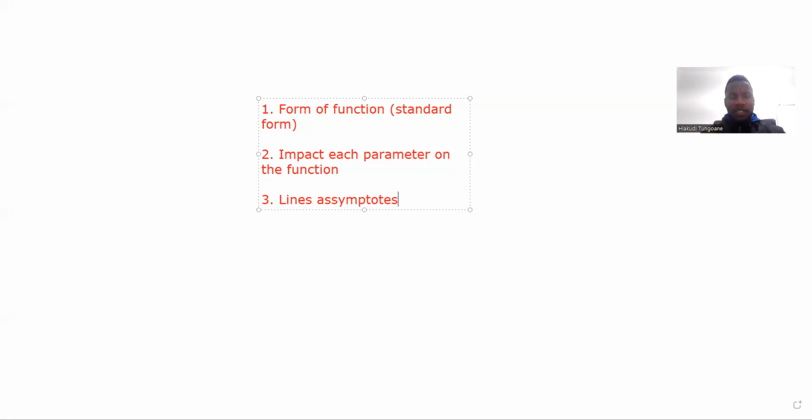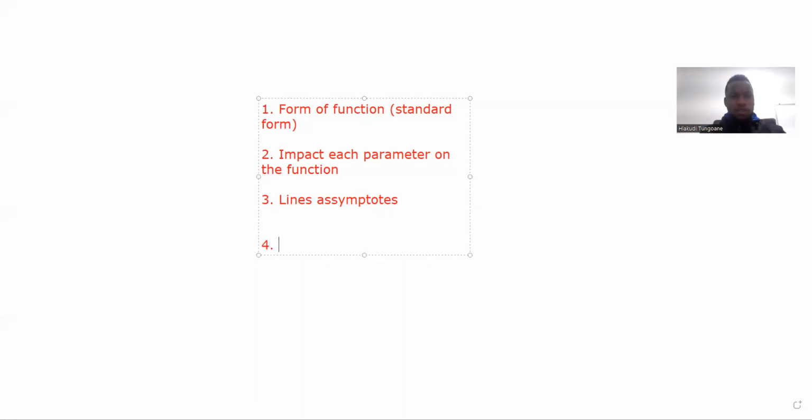As you will see in this example, we have two lines of asymptotes for a hyperbolic function. And you need to also be able to plot them, not just know how to derive them.